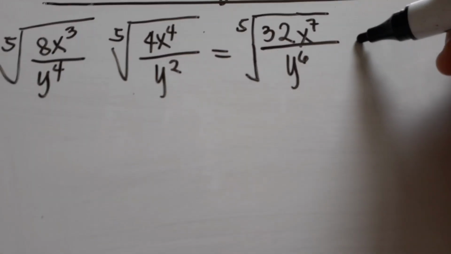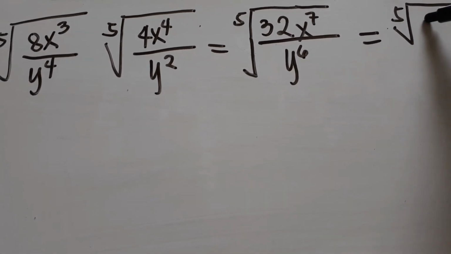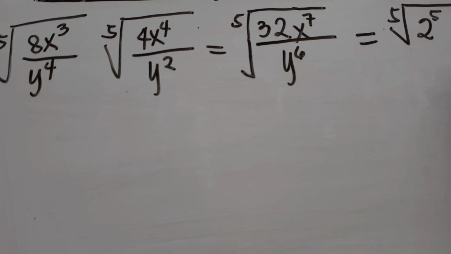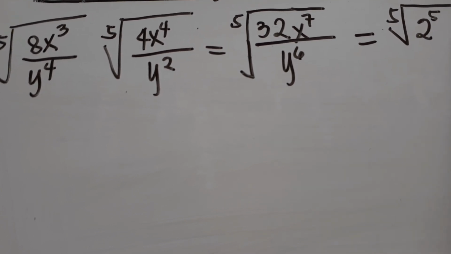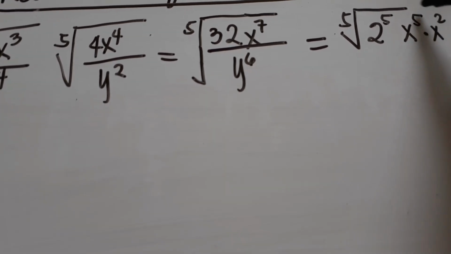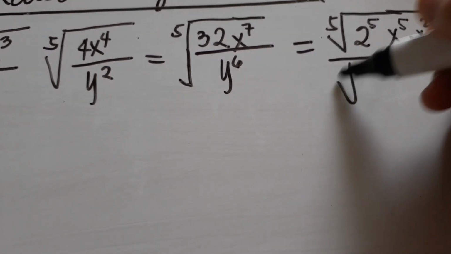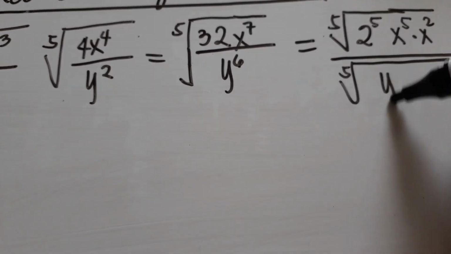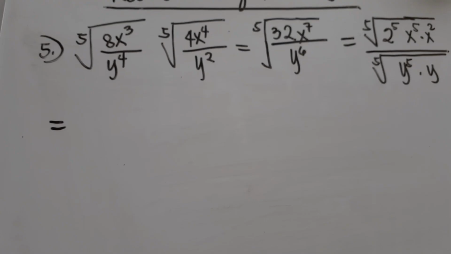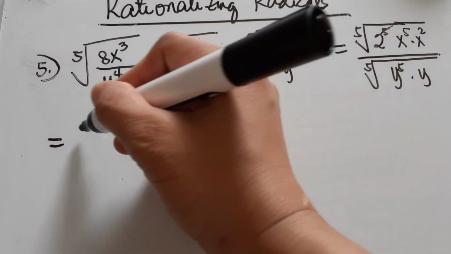Then we factor. Since 32 is a perfect fifth root, which is 2 to the 5th, then x raised to the power of 5 times x raised to the power of 2 over, we factor also y to the 6th power, which is y to the 5th times y. Then we roll out the factors, cancelling out 5 under the denominator.